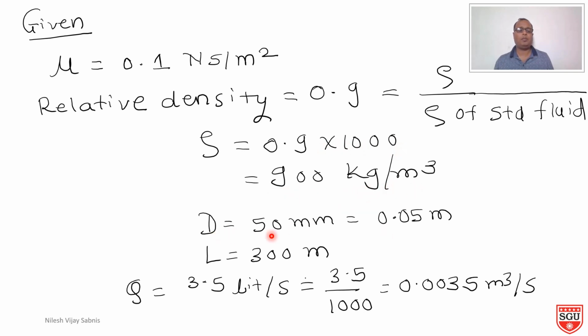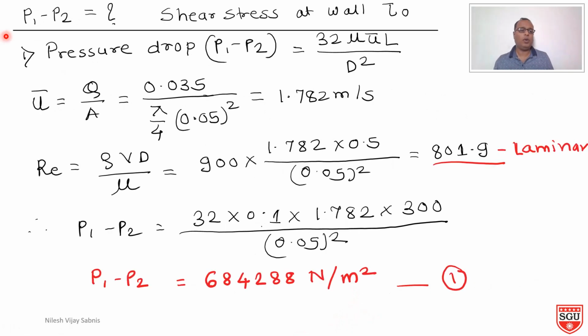Diameter is 50 mm, that is 0.05 meter. Length is 300 meter. Q is equal to 3.5 liter per second, which we have to convert into meter cube per second by dividing by 1000. We want to find out P1 minus P2 and shear stress at the wall, that is tau 0, the maximum shear stress.